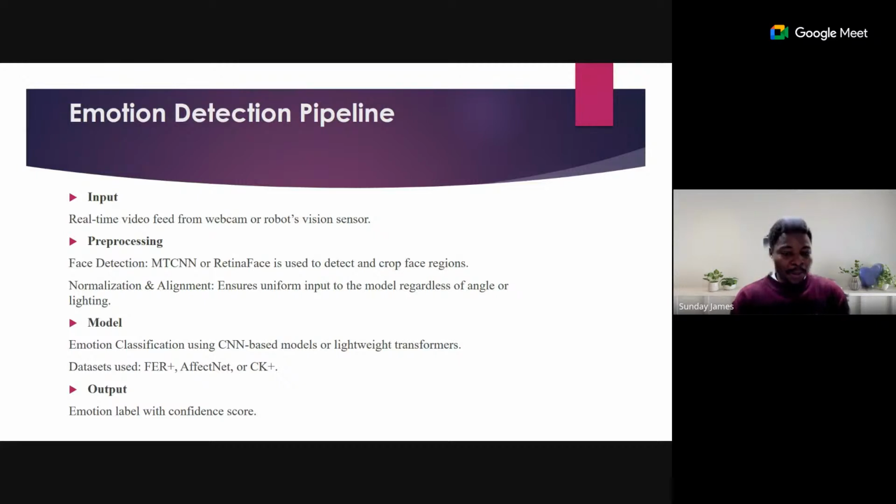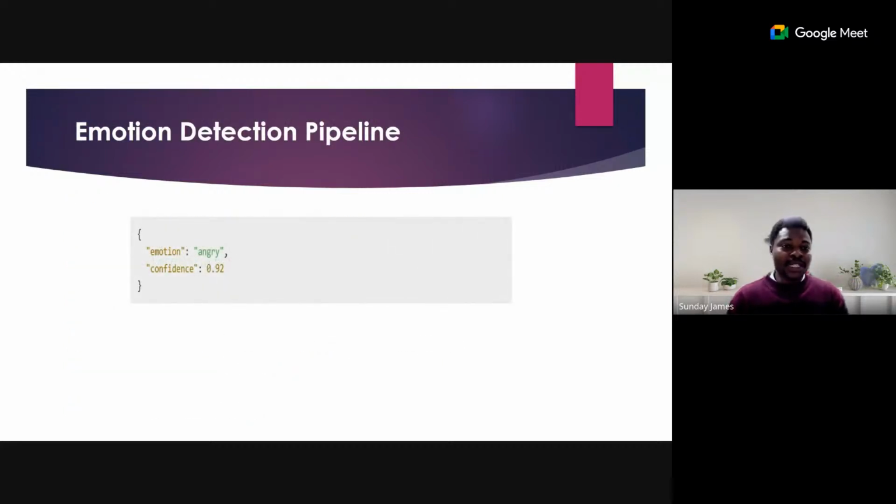Now, what will be our output? Our output will be an emotion label with high confidence level. As you can see, you can achieve something like this with this model.